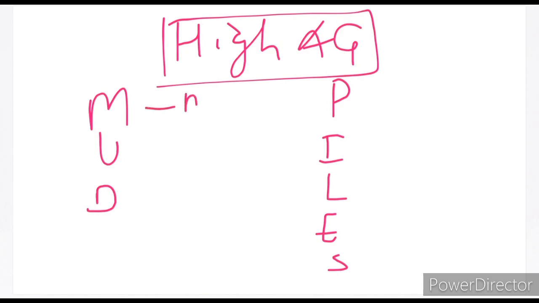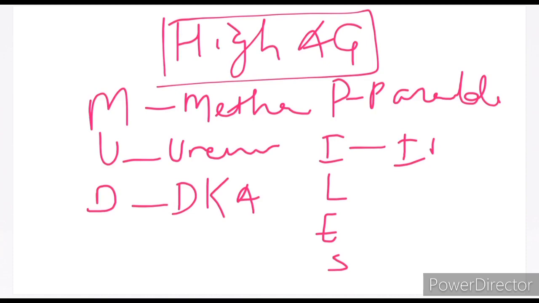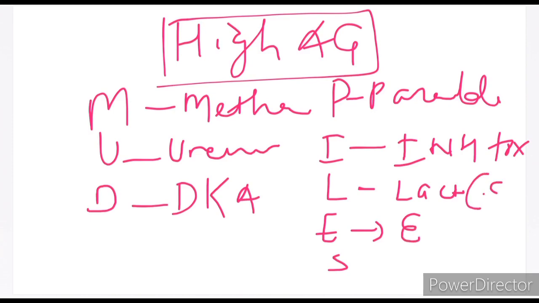M for methanol poisoning, U for uremia, D for DKA, P for paraldehyde poisoning, I for INH toxicity, isoniazid toxicity, L for lactic acidosis, E for ethylene glycol poisoning, S for salicylate poisoning.